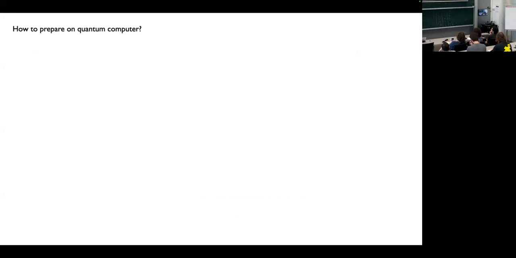So one can ask, how can I prepare these states on a quantum computer? Unfortunately, one cannot simply implement this definition on a quantum computer because this S minus operator is not unitary. So you have to do something a little bit more clever.